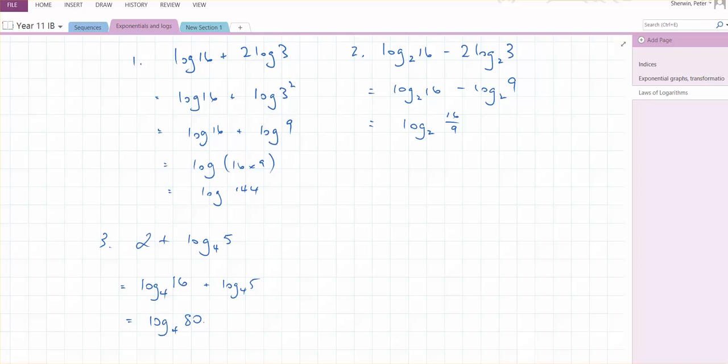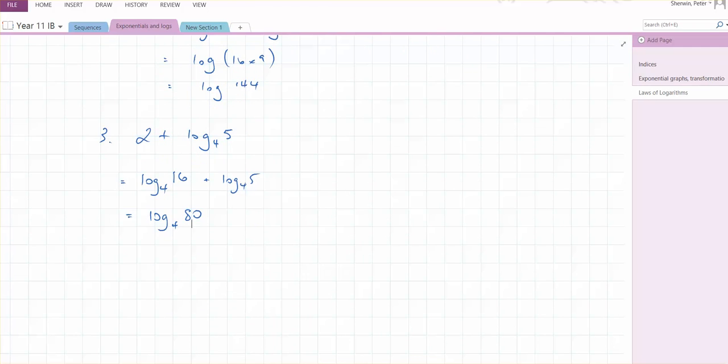Okay, let's have a look then at a different type of question, and this will come up in exercise 4N, which I'm going to ask you to also have a look at for homework. And this is how the question looks. If a is equal to log base 5 of 2 and b is equal to log base 5 of 3, write log base 5 of 36 in terms of a and b.